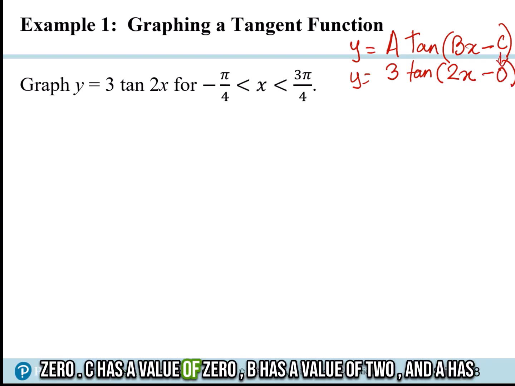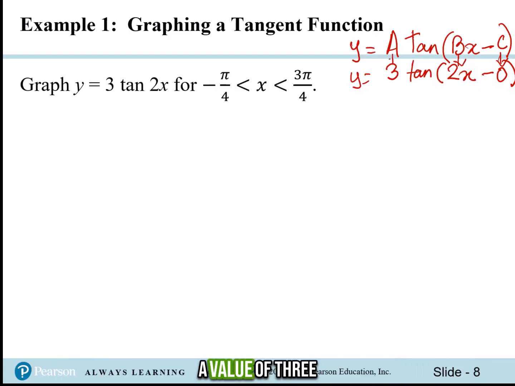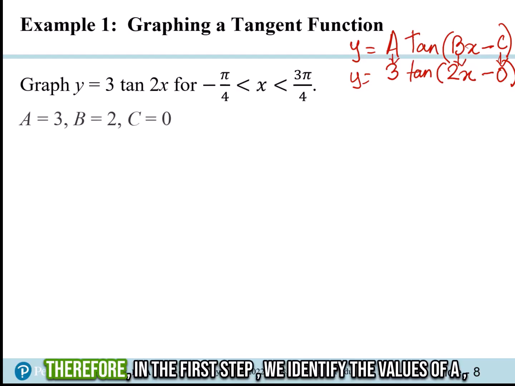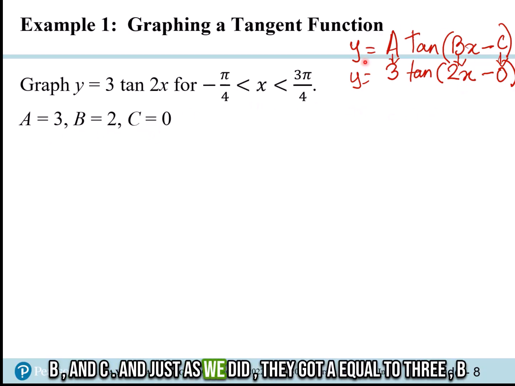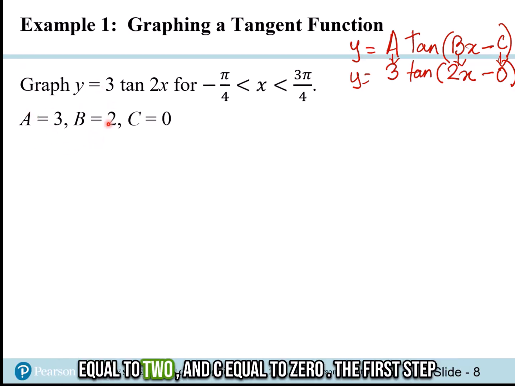C has a value of 0, b has a value of 2, and a has a value of 3. Therefore, in the first step, we identify the values of a, b, and c: a equal to 3, b equal to 2, and c equal to 0.